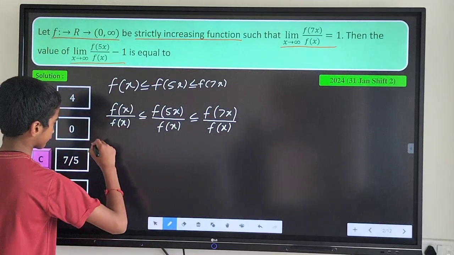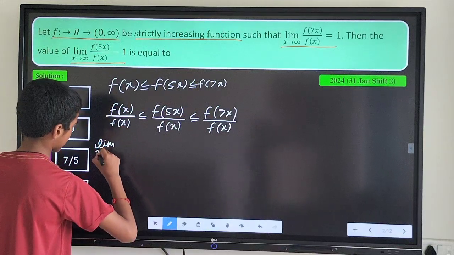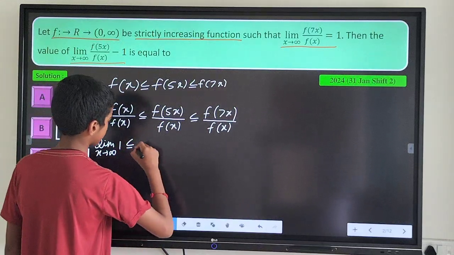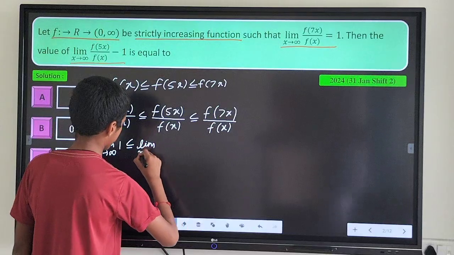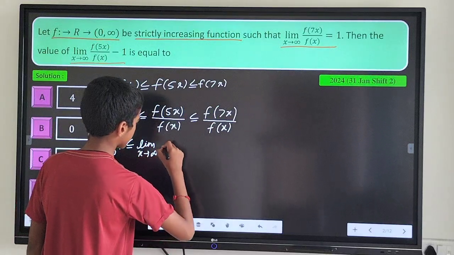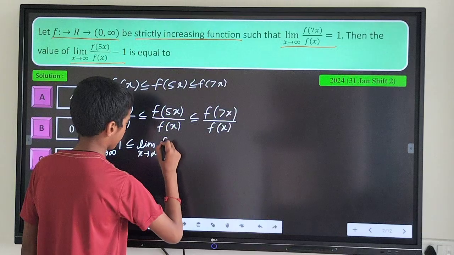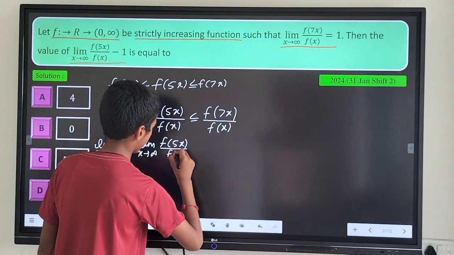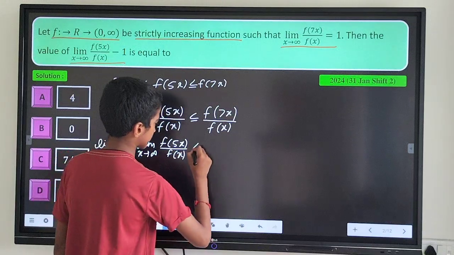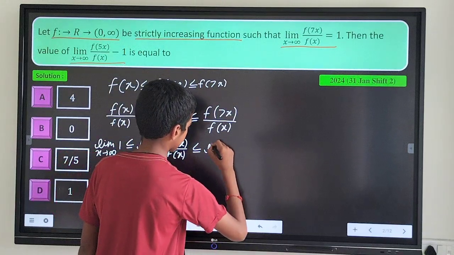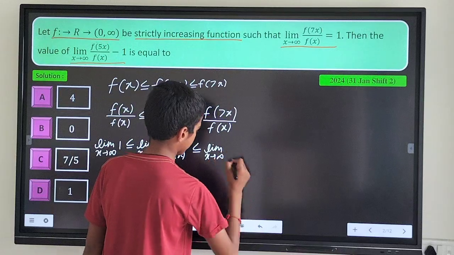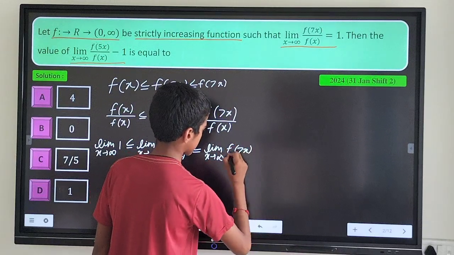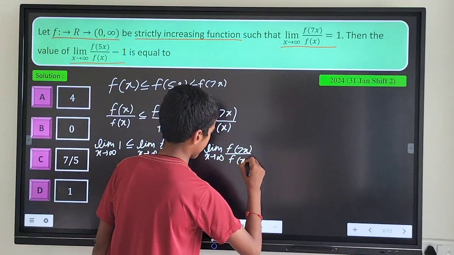So we will get limit x tends to infinity of 1 is less than or equal to limit x tends to infinity of f of 5x upon f of x, which is less than or equal to limit x tends to infinity of f of 7x upon f of x.